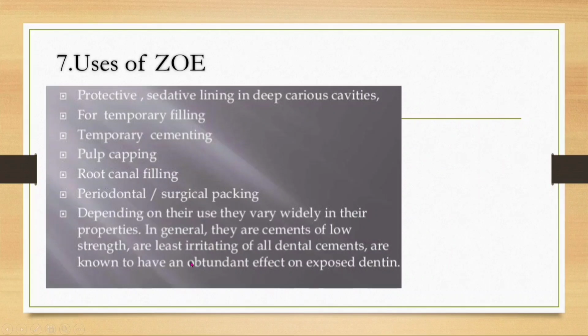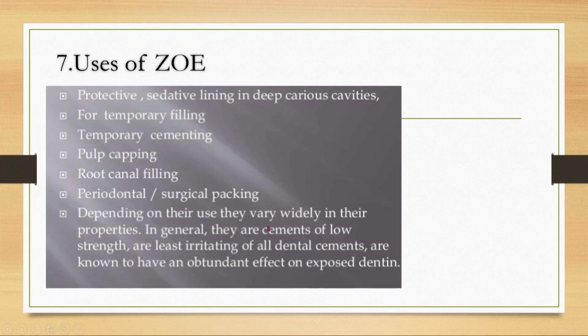Now we have the zinc oxide eugenol, that is a cement which is very commonly used in pediatric dentistry. They are protective sedative lining on deep caries cavities, for temporary filling, temporary cement, pulp capping, and also as a root canal filler, or it can be used as periodontal surgical packing.